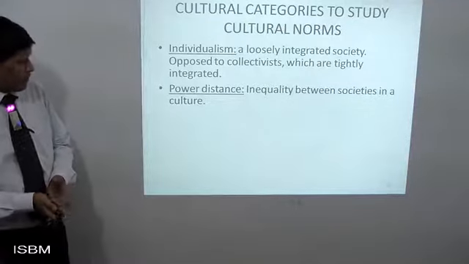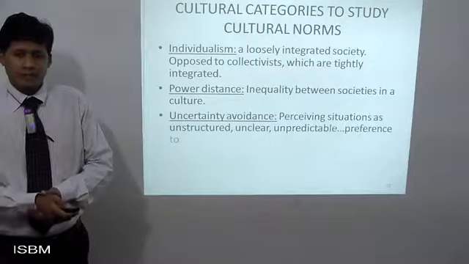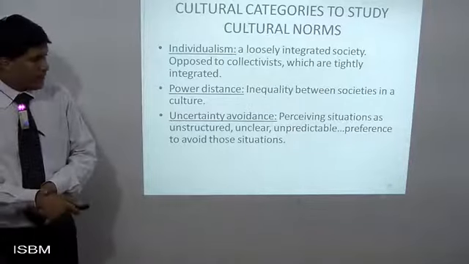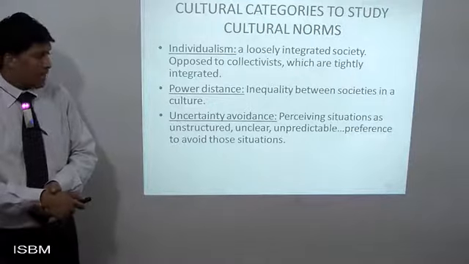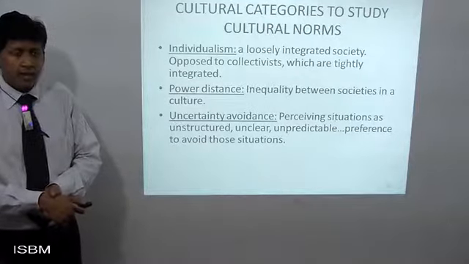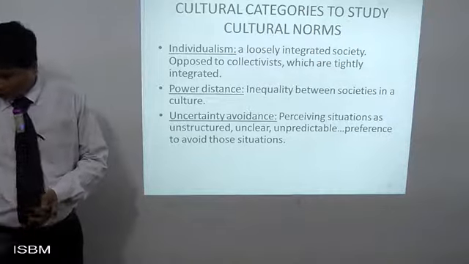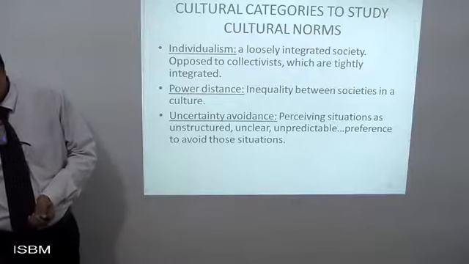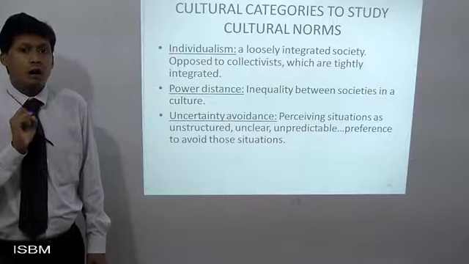So individualism, power distance, it could be uncertainty avoidance. Now, what does uncertainty avoidance mean? It is perceiving situations as unstructured, unclear, unpredictable, with a preference to avoid those situations. So a lot of times it is assumed that certain problems or situations need to be avoided.